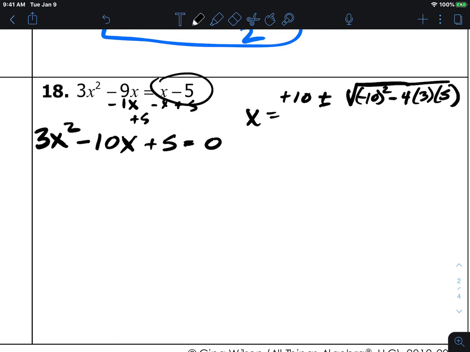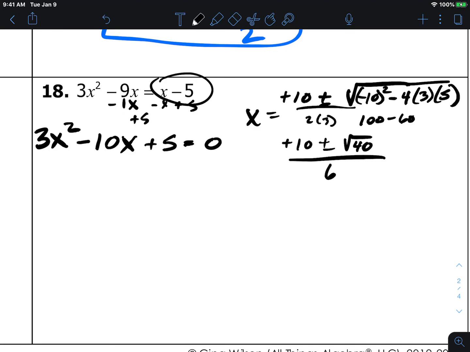That's going to be 12 times 5, that's 60, so 100 minus 60. So that's positive 10 plus or minus the square root of 40, all divided by 2A. 2 times 3 is 6, right?